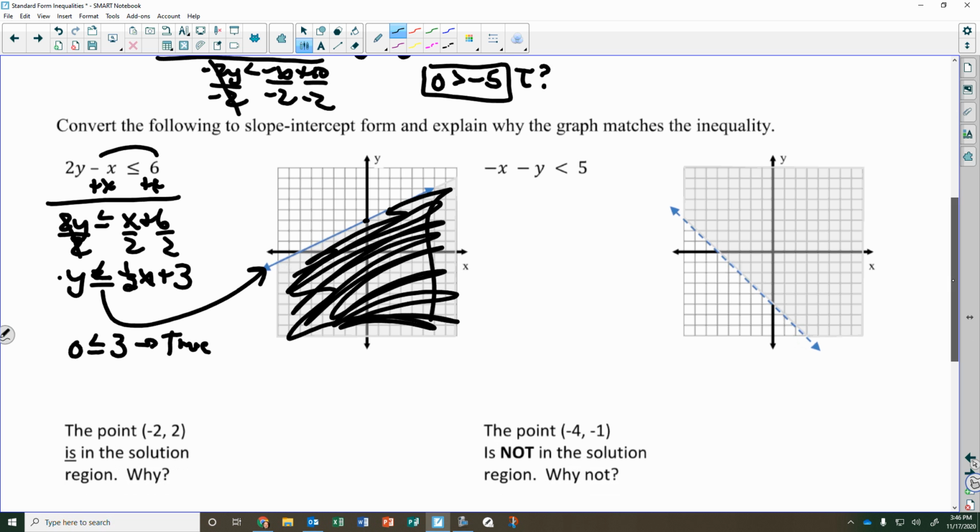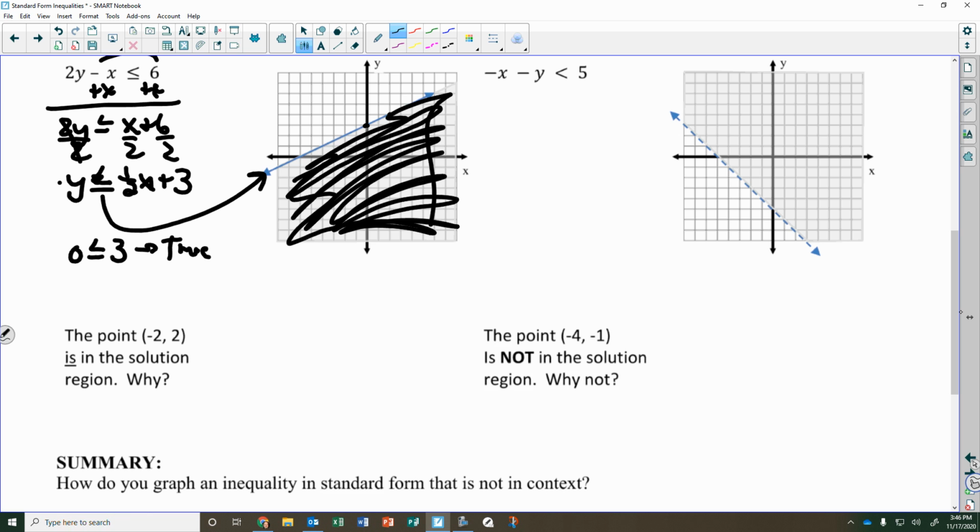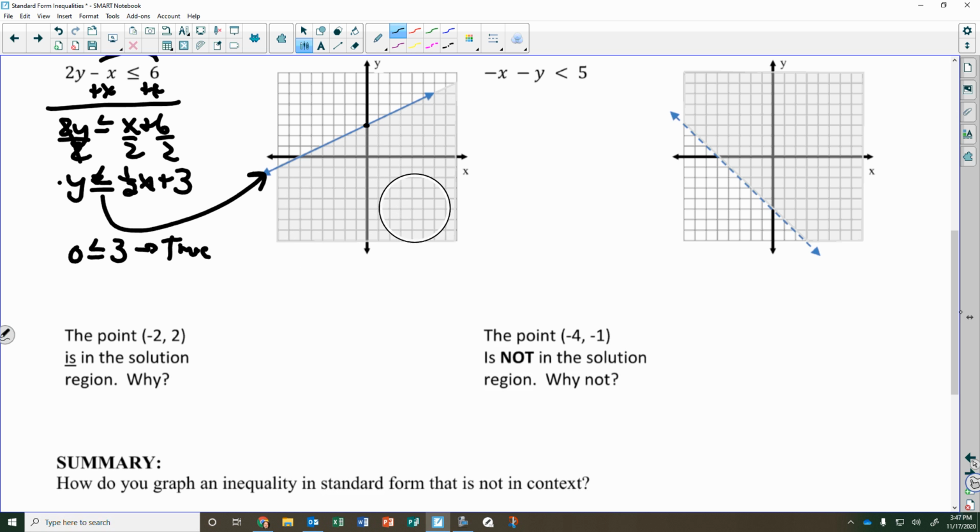Oh, sorry. There's a little part down here. So is the point negative 2, 2 a point in the solution? All right. So let me erase the shading here because you can kind of see the shading. So negative 2, 2 is right there. Is that a solution? Yes, because it's on the line.